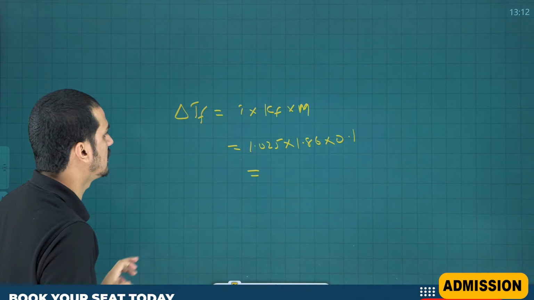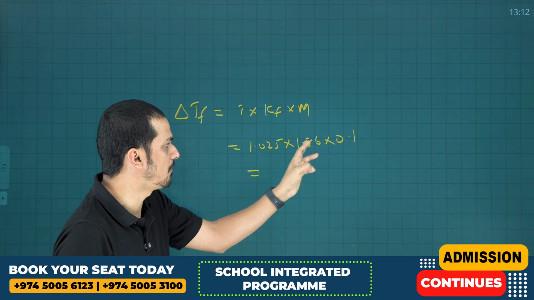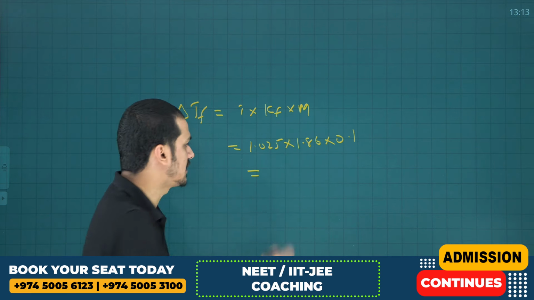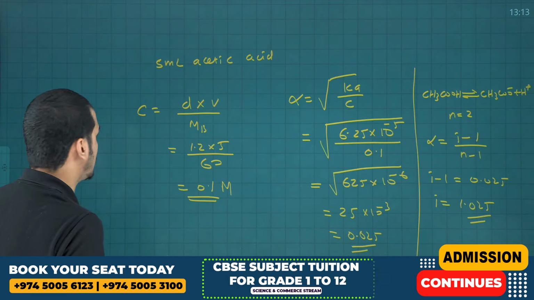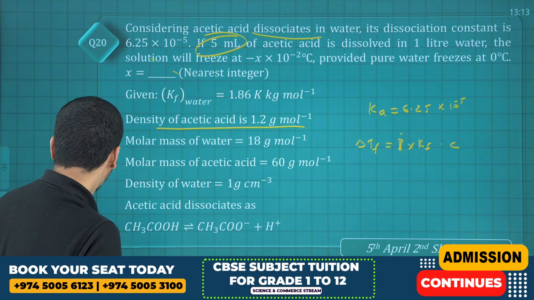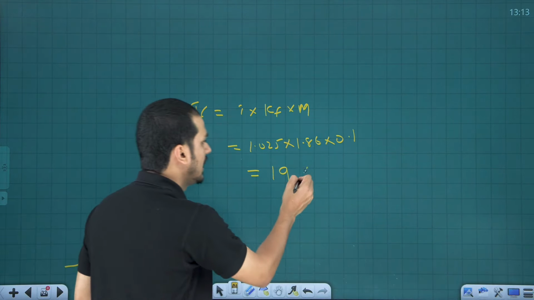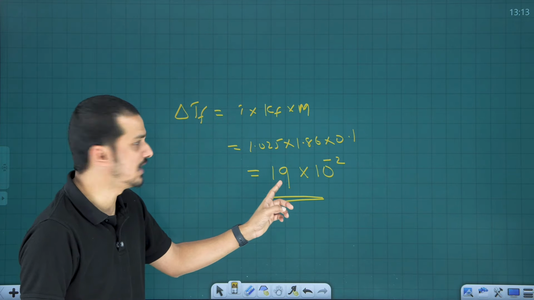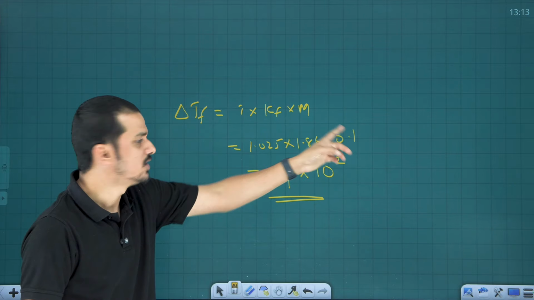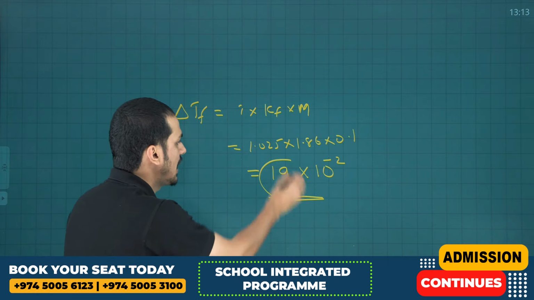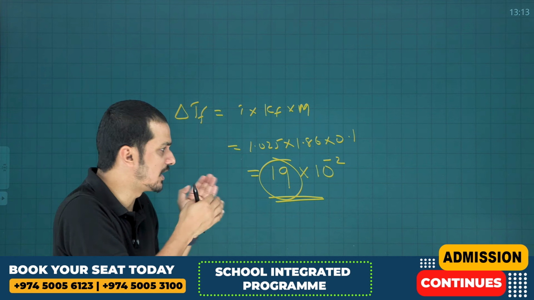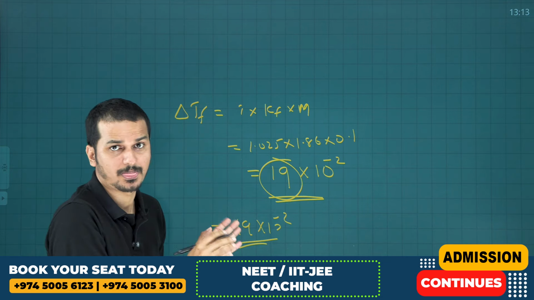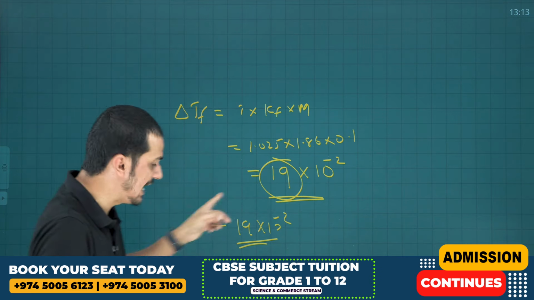So multiplying 1.025 into 1.86 gives about 1.9, so 1.9 into 10 raised to minus 1 into 0.1, that is 19 into 10 raised to minus 2. So your answer is 19. That means the freezing point will be minus 19 into 10 raised to minus 2. From that, 19 is the integer type answer.